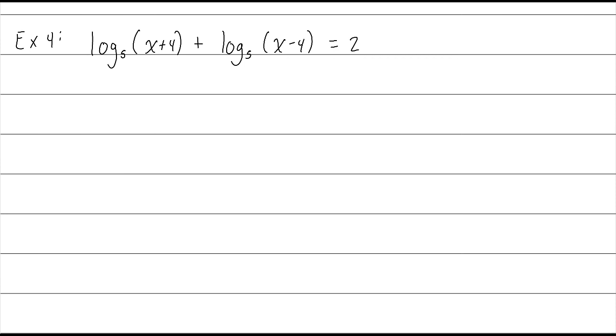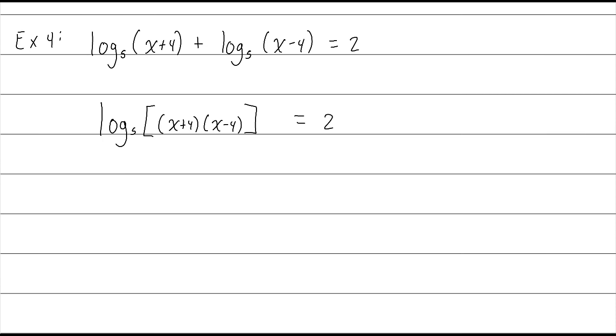But remember, one of the properties of logarithms is that if there are 2 logarithms with the same base that are added together, I can write them as 1 logarithm with the interiors multiplied together. Okay, so I was able to condense it a little bit.